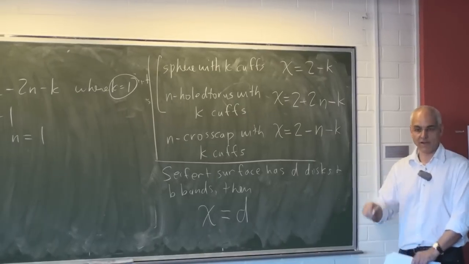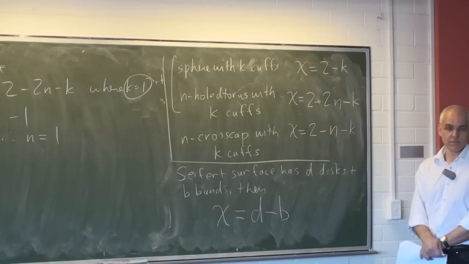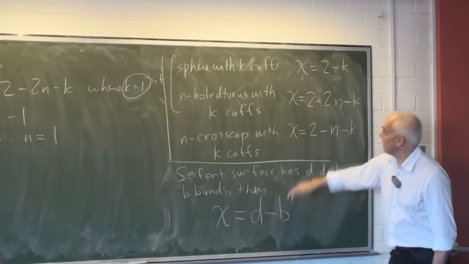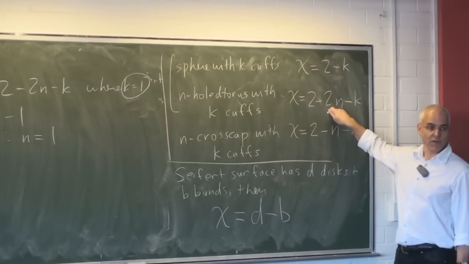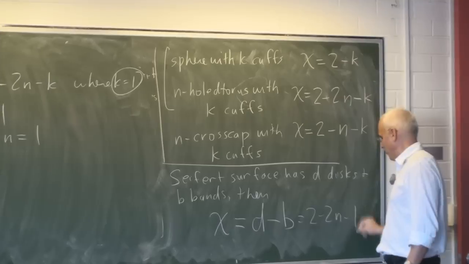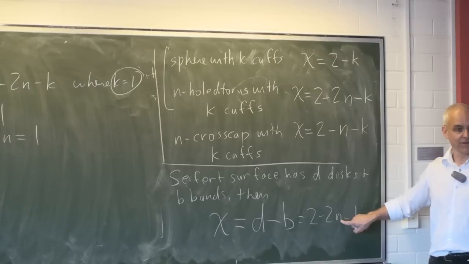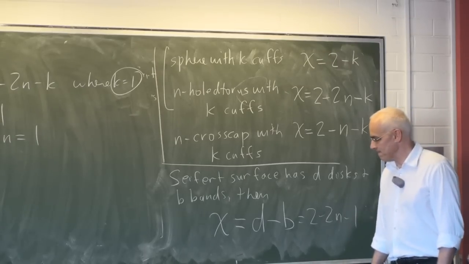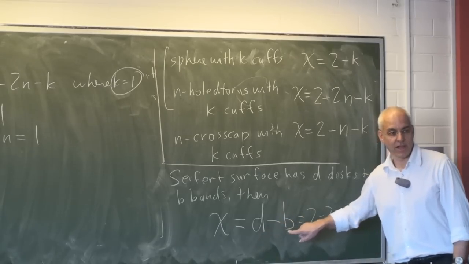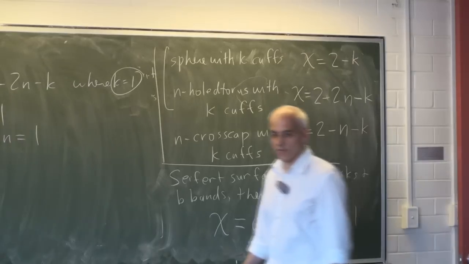Each band contributes minus 1, so D minus B. And this D minus B has got to then be matched with this one here. So that's going to be equal to 2 minus 2n minus 1. And that's telling you what n is, the genus, in terms of the number of disks and the number of bands. n is called the genus of the knot.